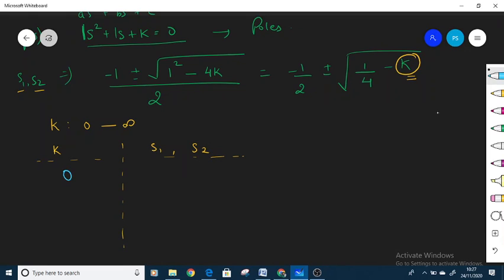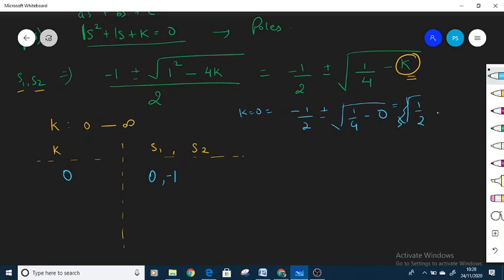If the value of k is equal to 0, the roots will be minus 1 by 2 plus minus under root of 1 by 4 minus 0, which becomes under root 1 by 4, that is plus minus 1 by 2. So one pole will lie at minus 1 by 2 plus 1 by 2, that means my S1 pole will lie at 0. And the second root will be minus 1 by 2 minus 1 by 2, so the second root will lie at minus 1.